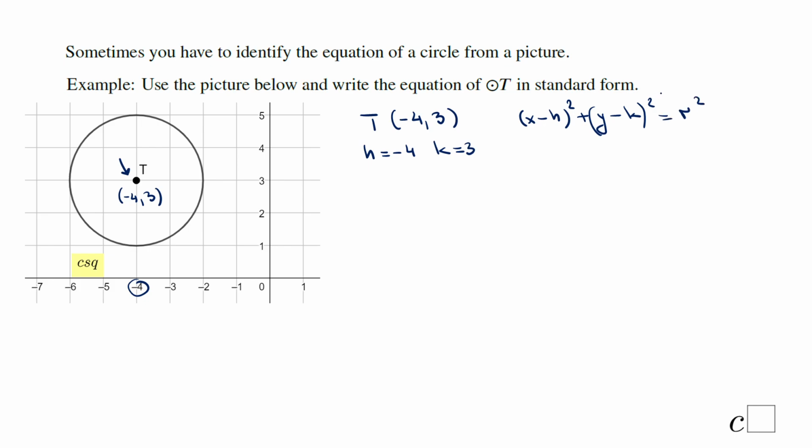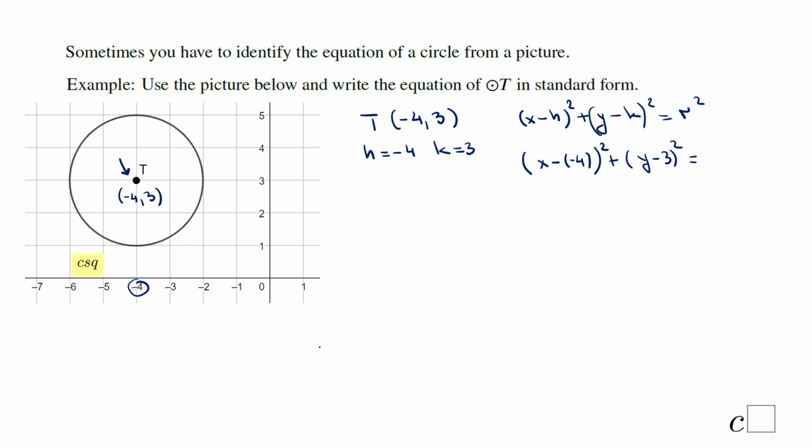You notice we have h and k. We can just replace them here, and we have (x minus negative 4) squared plus (y minus 3) squared. And now we need one more thing, the radius.